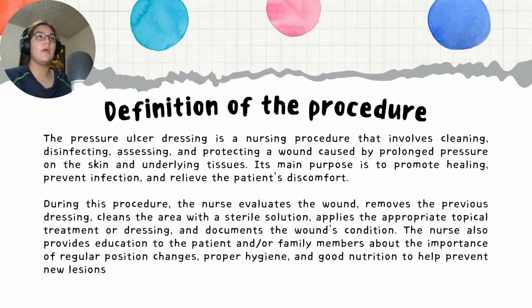Which of the positions are the most common for pressure ulcers? The most common locations are the occiput, which is the back of the head, the scapula or shoulder blades, the elbows, the sacrum and coccyx, which I think is the most common, also the heels, the ankles and knees, the hips, and the ears and the shoulders.